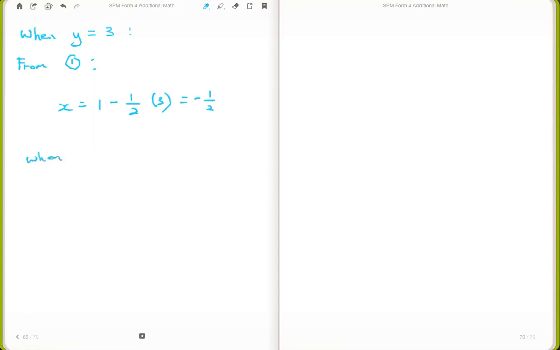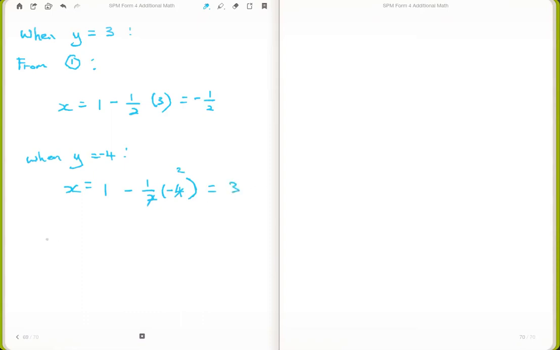When y is equal to, no, when y is equal to negative 4, sorry, that would be 1 subtract half of negative 4, which equals 3.